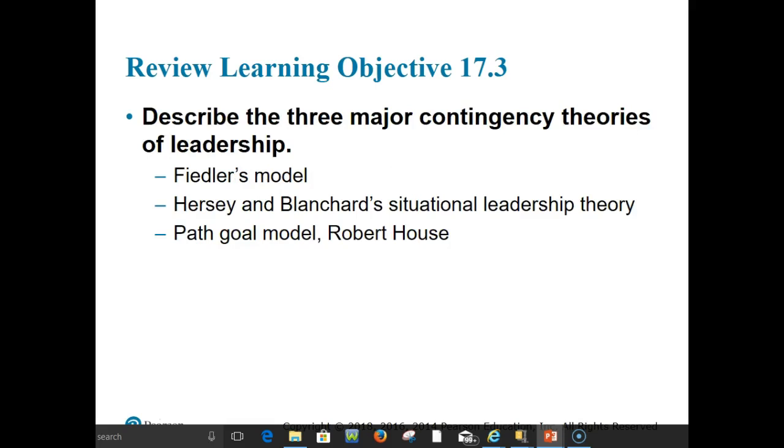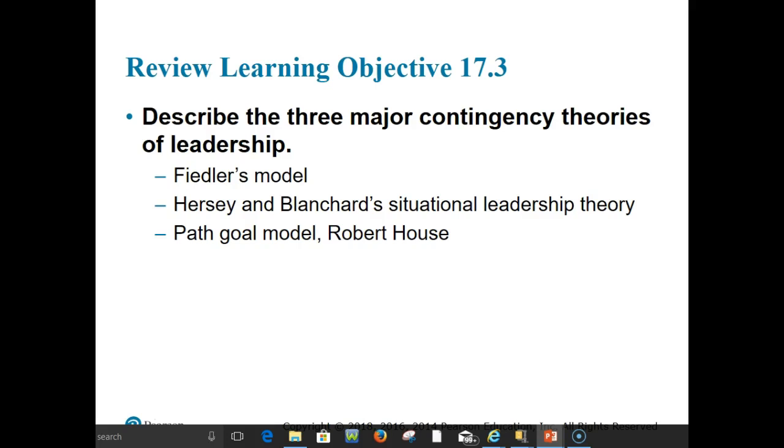In review of our third learning objective, Fiedler's model attempted to define the best style to use in particular situations. He measured leader style, relationship-oriented or task-oriented, using the least preferred coworker questionnaire. Now, Fiedler also assumed a leader's style was fixed.